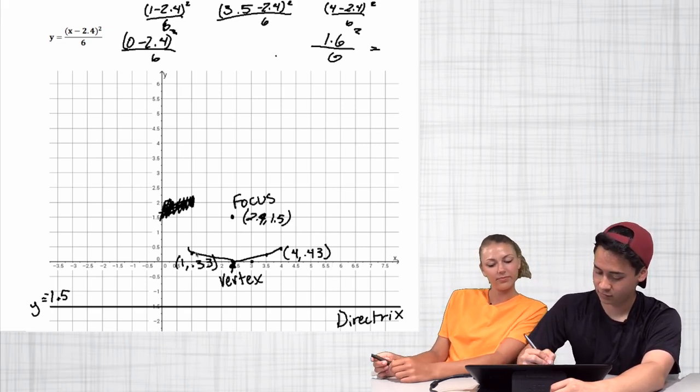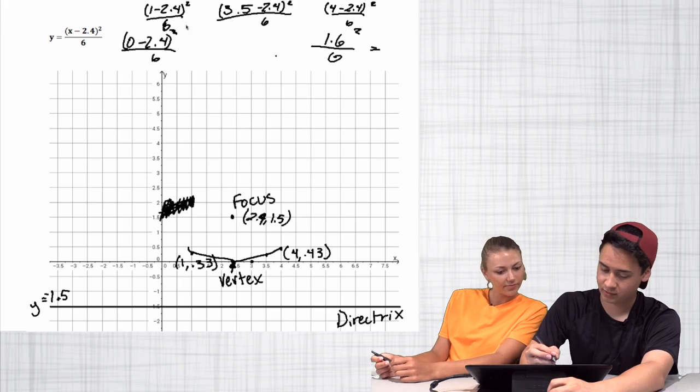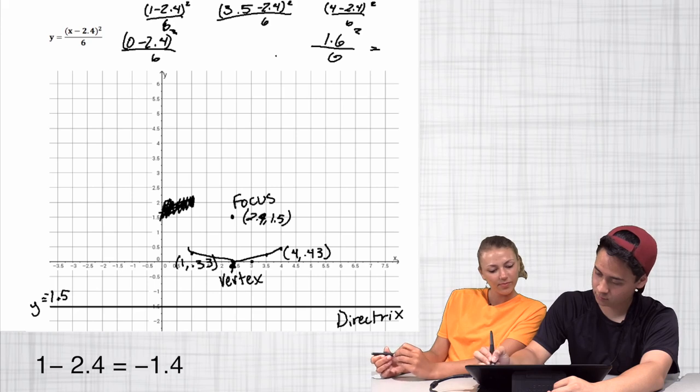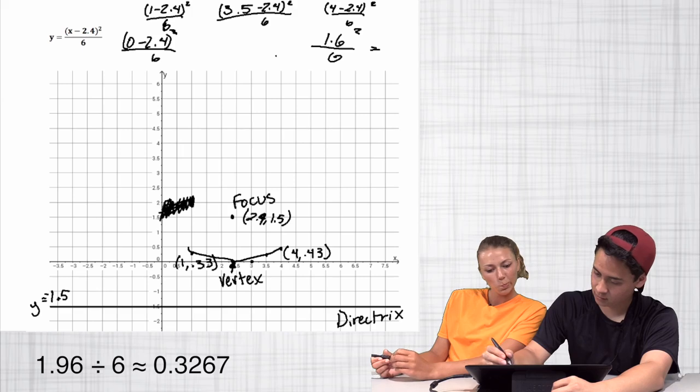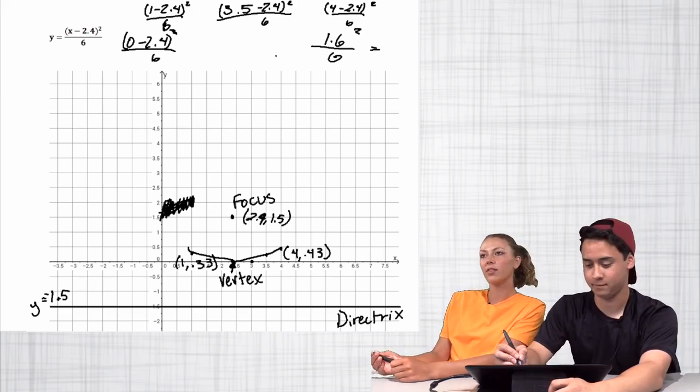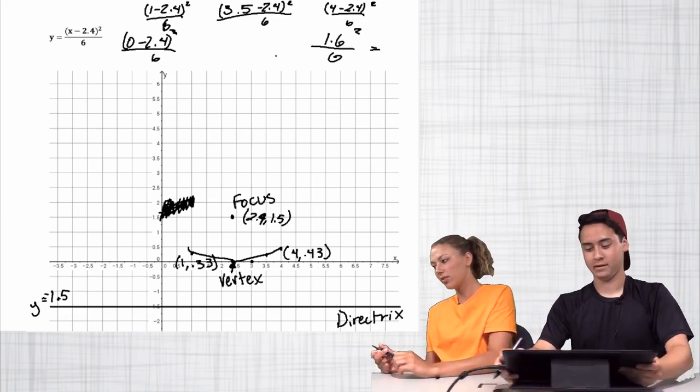And then for this one, I just plugged 1 into my equation, and then I got 1 minus 2.4 squared divided by 6, about 0.33. Okay, beautiful. So, Keoni, why don't you move yours to the side, and let's see.